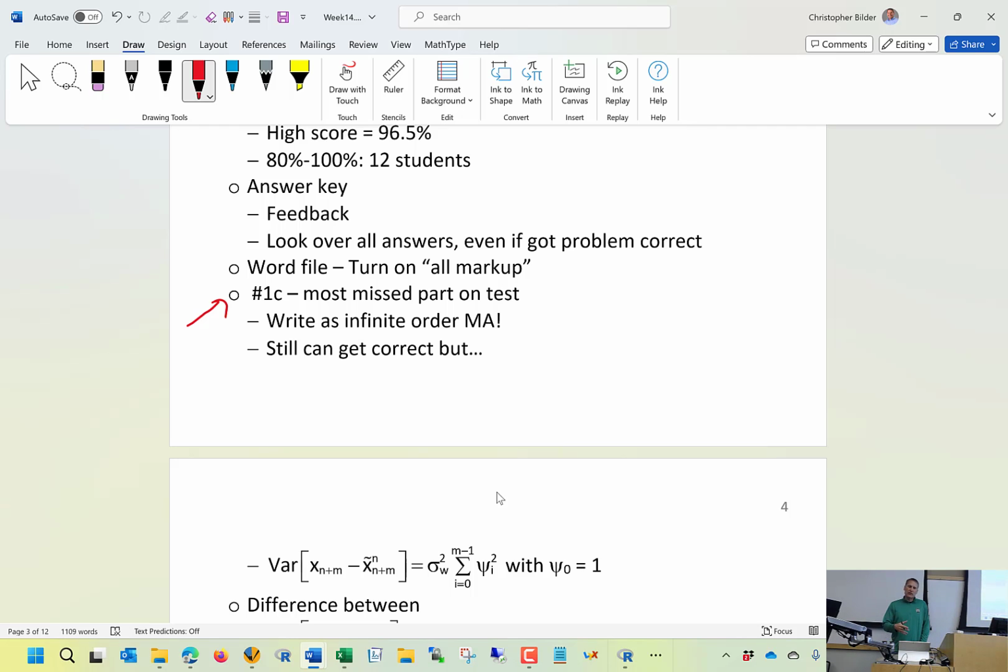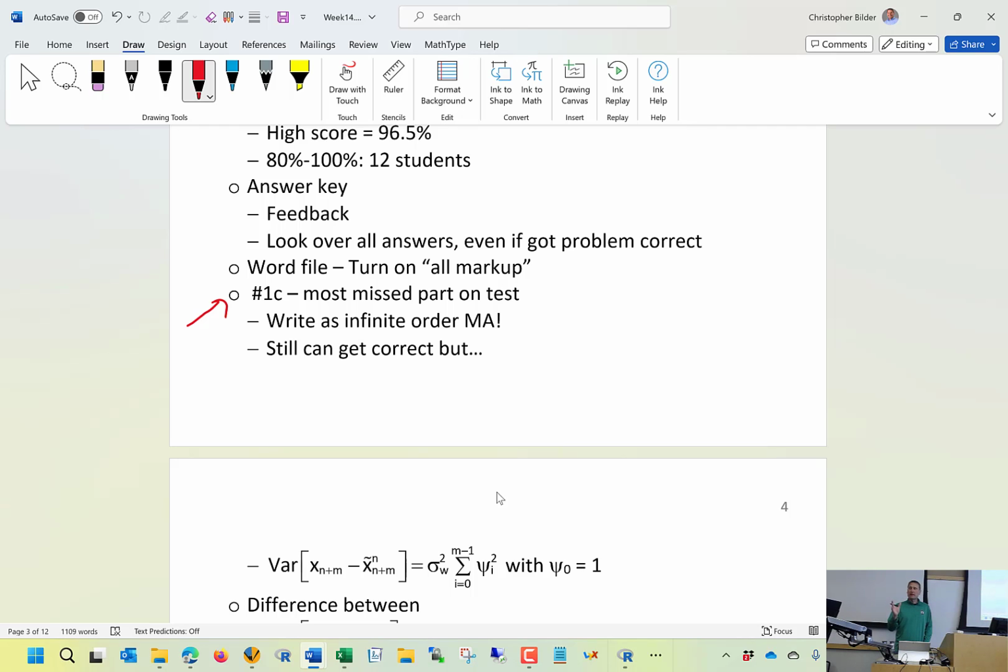Now, in project number 3, and also 4, but I think it was mainly 3, I noticed a number of students trying to find the variance of the forecast error when you had to actually derive it. They tried to derive it a different way than I was doing in class, or in the videos and in my notes, in terms of I always would write everything out as an infinite order moving average.